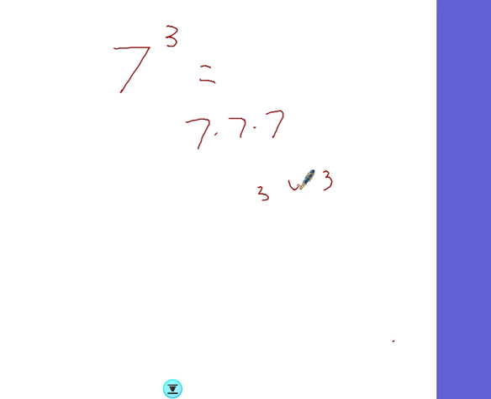343. All right, so now that rule applies even when we're dealing with decimal numbers. So 3/10 to the third power would be what? Oh, we did a third power. Let's change that. Let's do fourth power. 3/10 to the fourth power. What would that equal?